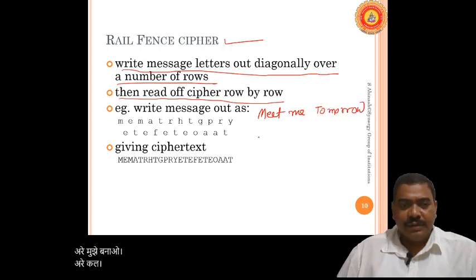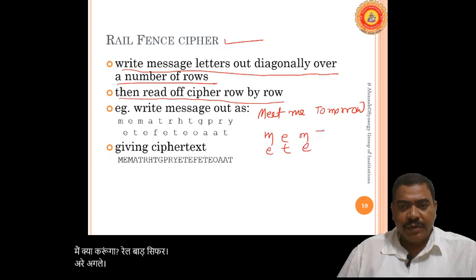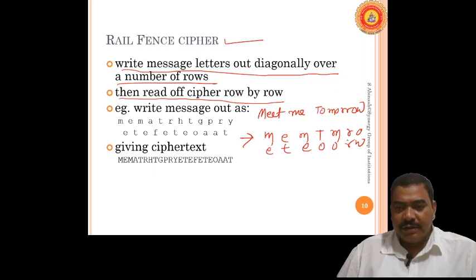In the Rail Fence cipher, I will write it diagonally, meet me, and I will collect it row wise.